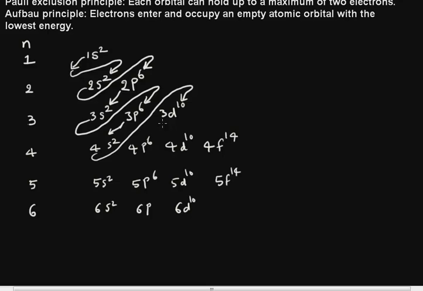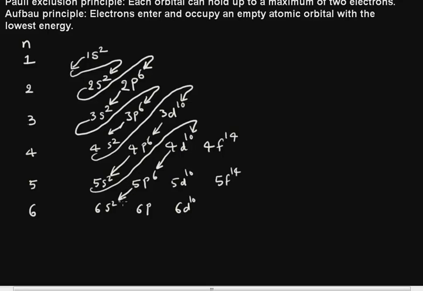After 3d we fill 4p followed by 5s, and after 5s we fill 4d, and after 4d we fill 5p and then 6s.